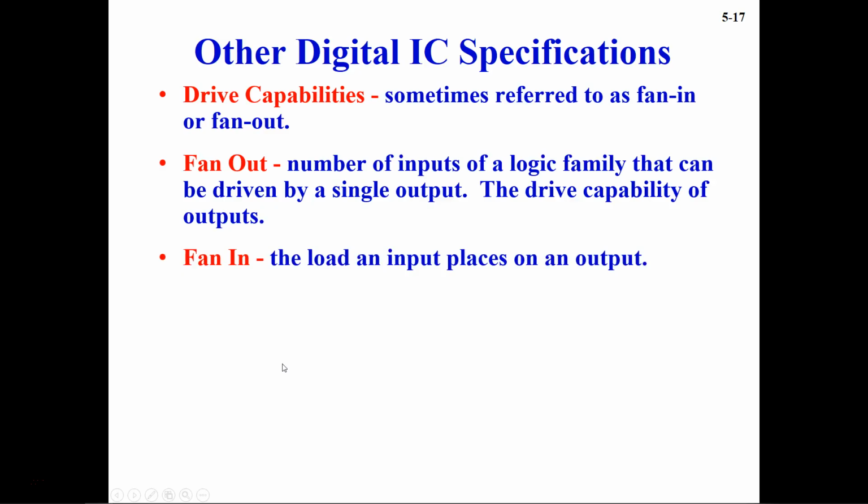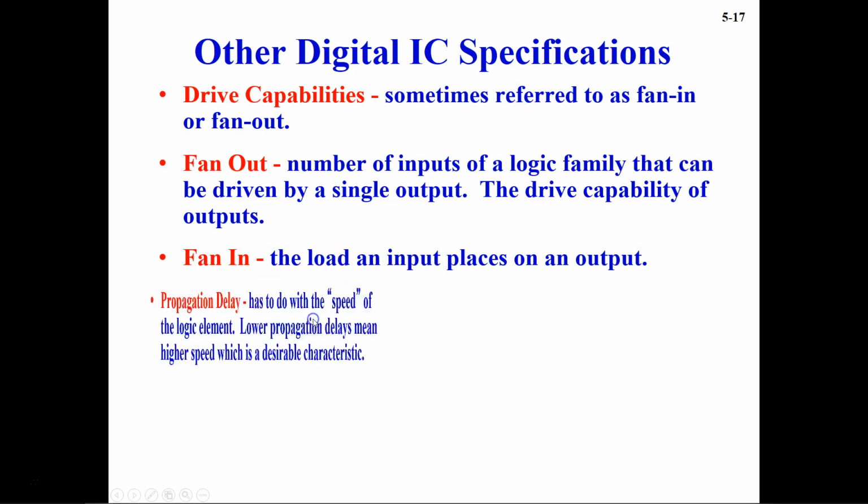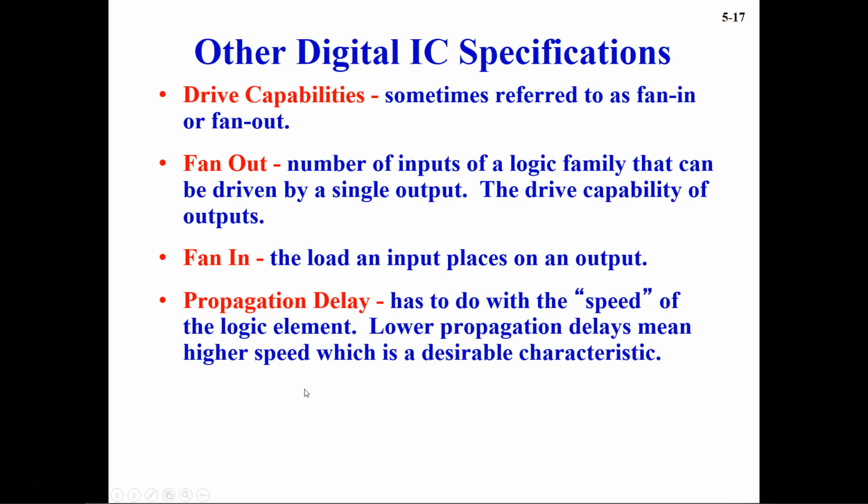Fan in is the load an input places on an output. So it is pretty simple by the definition. And then we have propagation delay, which has to do with the speed of the logic element.